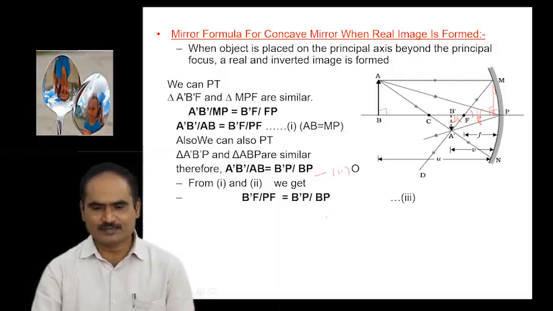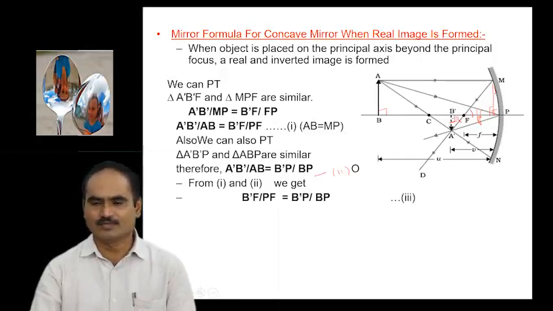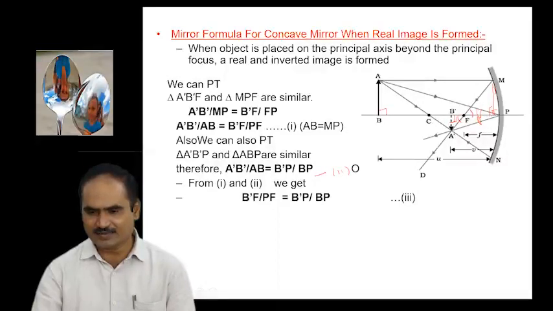So one more thing here, B'F, you see here, B'F. Actually, all the remaining things you can put in terms of U, F and V, except B'F. So here what we'll do is, instead of writing B'F, we take B'P minus FP.